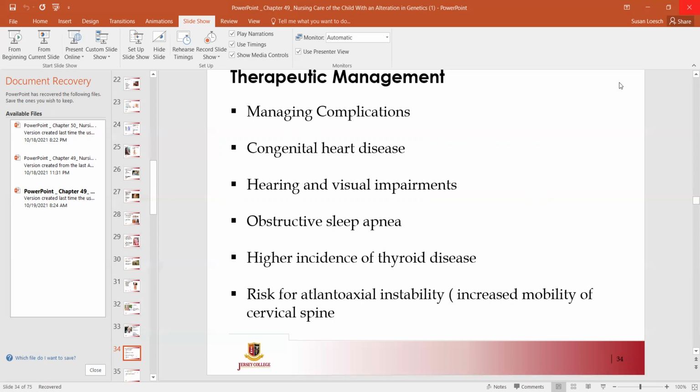They also have an increased incidence of GI disorders. So usually celiacs, but also constipation and Hirschsprung's from intestinal malformations and some with the imperforate anus, which will require a surgical intervention.